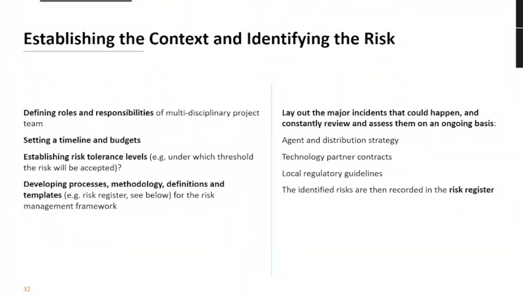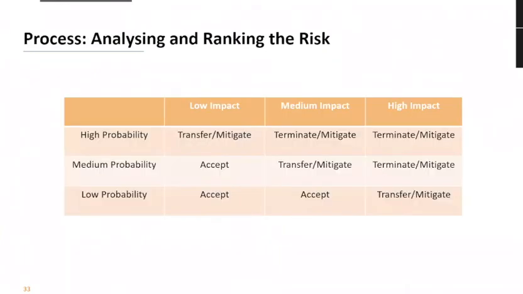For example, major incidents that could happen could start from the agent and distribution strategy, from the technology partner contracts, from local regulatory guidelines, and then identified risks have to be recorded in the register with clear descriptions and the roles to be defined. Once we have identified the risk, we have to analyze and rank them.